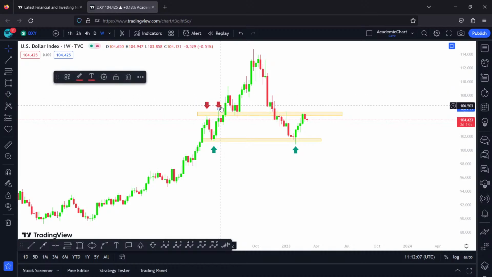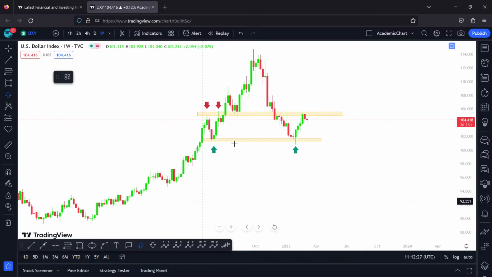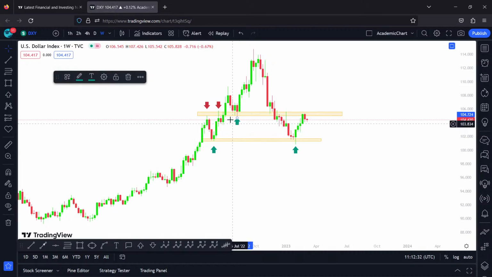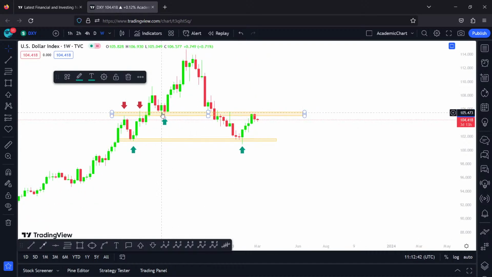According to the polarity principle, when a resistance zone or support zone gets broken, it is not losing its validity, it is just changing its behavior. It is now going to have the same amount of importance, but now as support. As you can see, price after this breakout reached the same level, but this time this zone is playing the role of support.